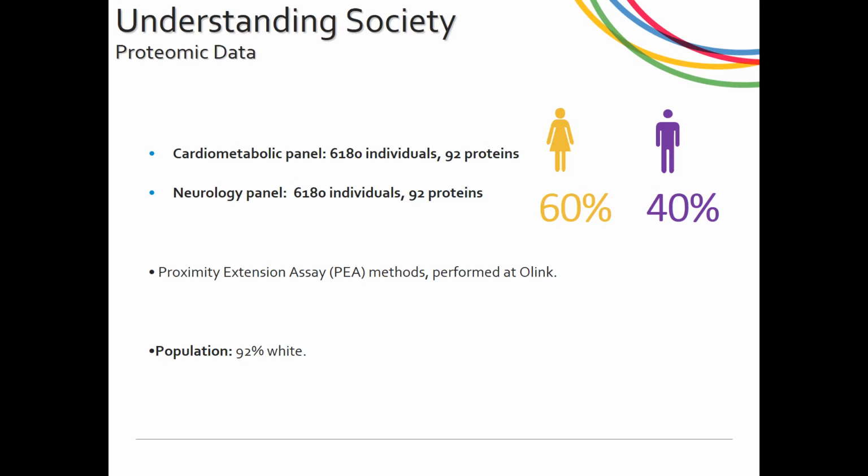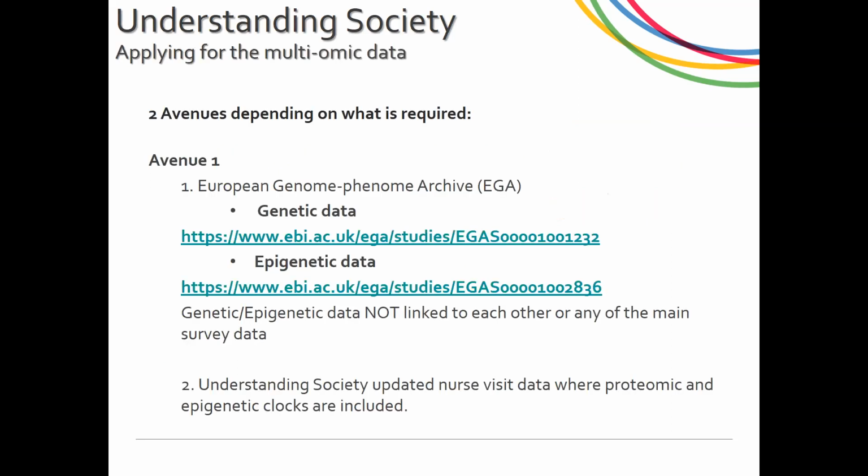I did some quality checks for that, and we created a user guide. For this data, 92% are white people, and we do have some other minority groups in this data. So that's basically the 3 omic data we have.